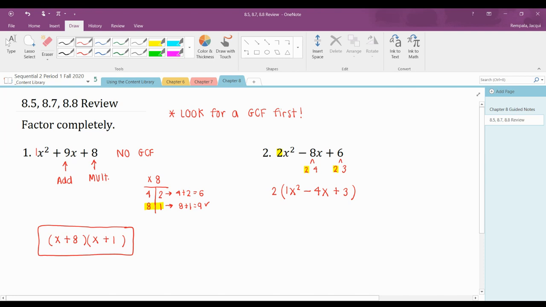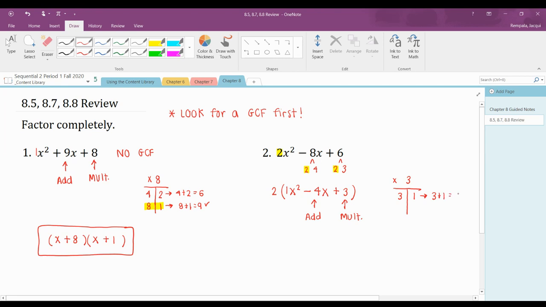When I have a 1 in front of the x squared, I want to keep trying to factor. I'm looking for numbers that multiply to 3 but add to negative 4. Because it multiplies to a positive 3 but adds to a negative 4, we have to think about this. There are two different ways to multiply to a positive. The nice thing about 3 is that the only way to multiply to 3 is 3 times 1, so I can try 3 and 1.